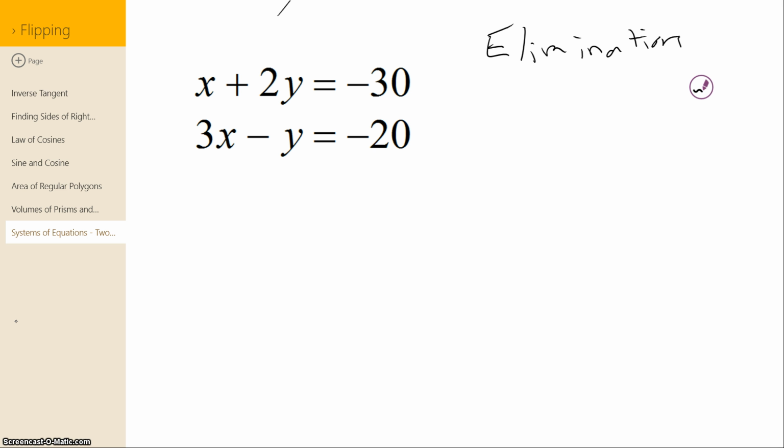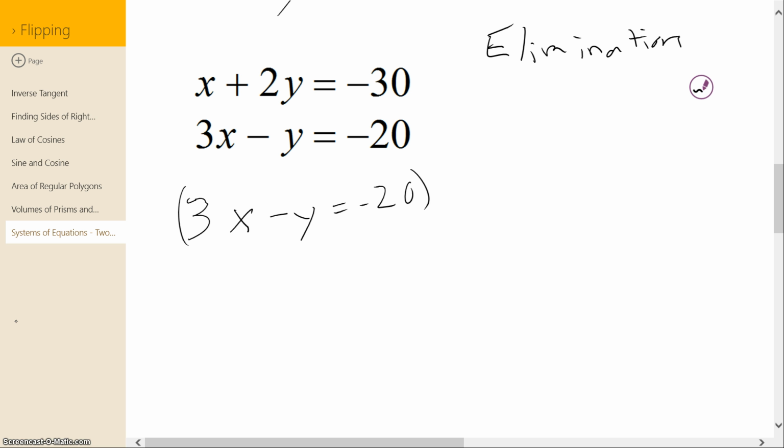So I think the easiest thing to do is to take this bottom equation, 3x minus y equals negative 20. I'm going to take this and multiply the whole thing, both sides, by 2. Why 2? Well, I've got a positive 2y here. I want to make this y down here a negative 2y. So when I combine them together, the y's will cancel out.